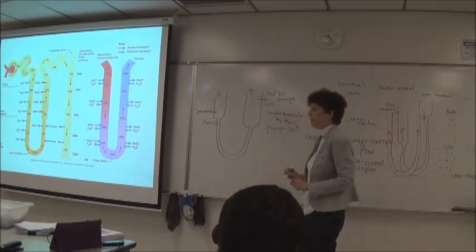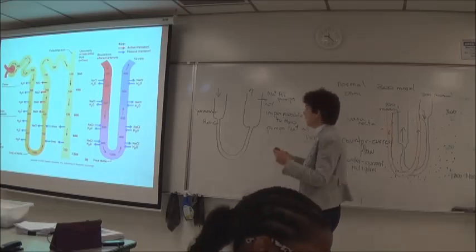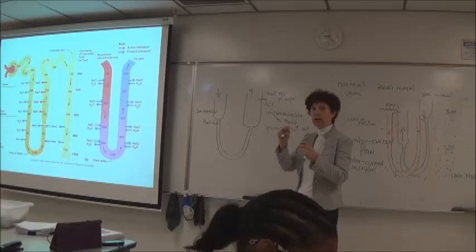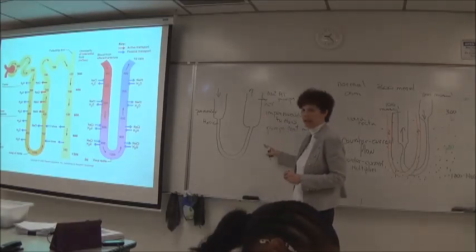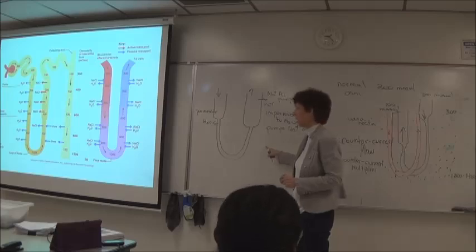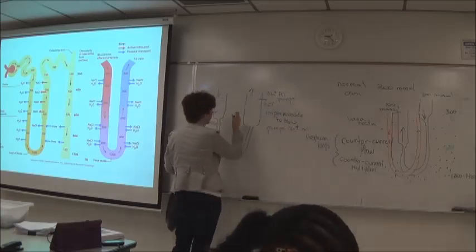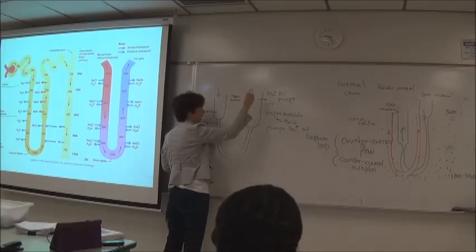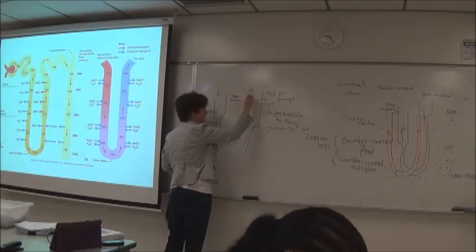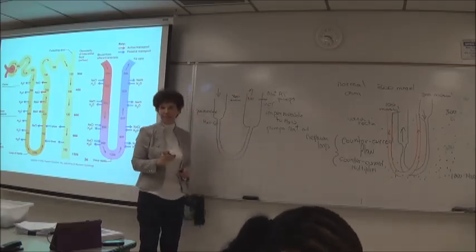And the pumps can maintain a difference of 200 milliosmoles between what is in the filtrate and what is outside the filtrate. All right? So if outside the filtrate we have 300 milliosmoles, inside the filtrate the maximum difference we can maintain is 100.